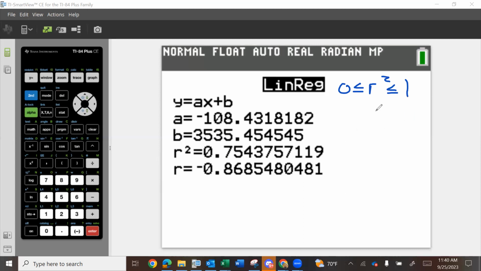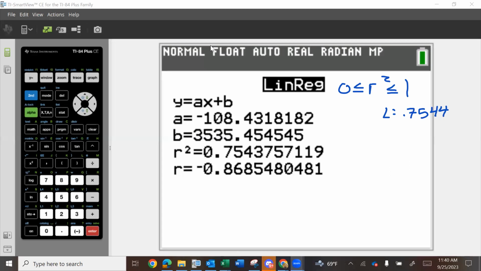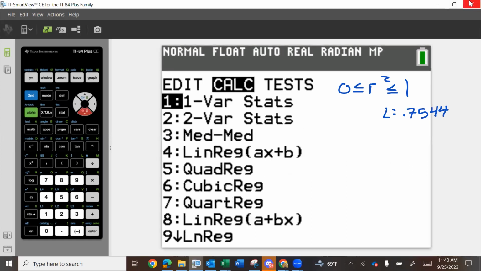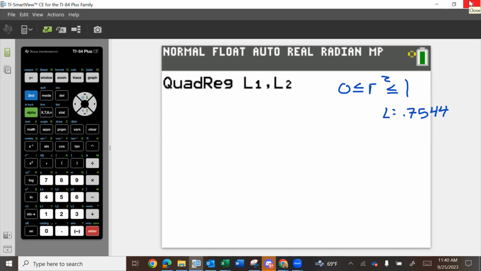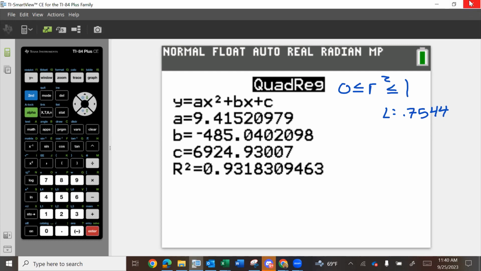Okay, so let's see what we got here. So our linear regression gave us an R squared value of 0.7544. I like going out 4 decimal places because then you don't have to worry about them being the same. Okay, so what if I go do the quadratic regression? Let's see what we get there. Ooh, okay, that's quite a bit better.